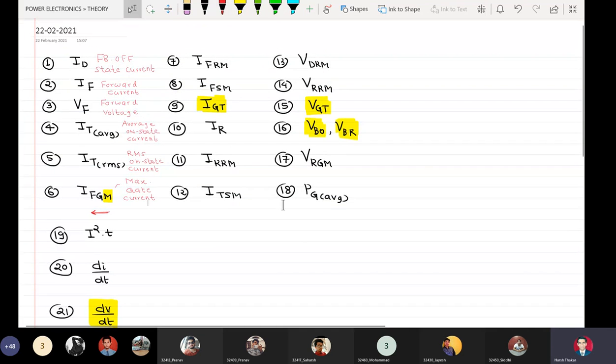Now we have IFRM. It is maximum repetitive forward current. Again, as I told you, you should always read the alphabets from right to left. So it is maximum repetitive current.